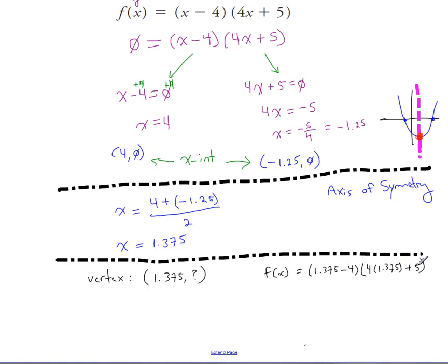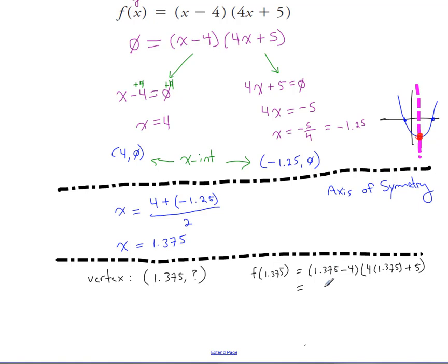So I've just substituted my x coordinate in anywhere I saw an x in my equation. Now, you can work that out. One little mistake I made here, just for correctness' sake: instead of putting f at x, and congrats to anyone who noticed this, I should be putting in f at 1.375, because that really means I'm substituting that in for x. That's better.